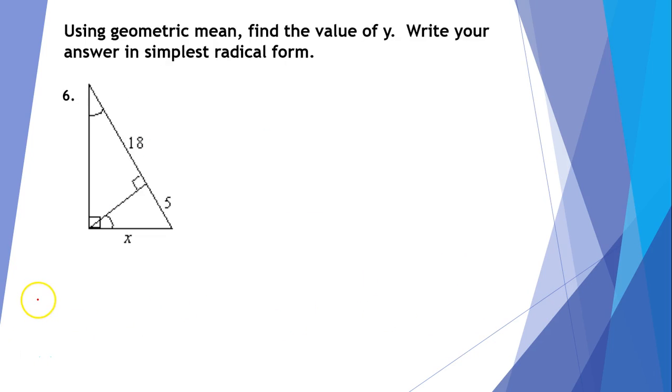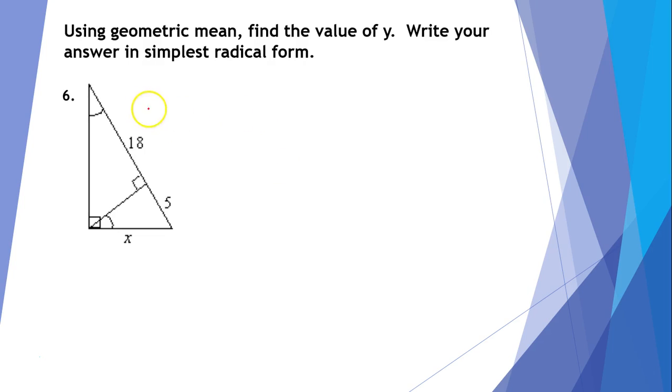So again, let's look at another one. We're going to use the geometric mean to find the value of y. Then we're going to write our answers in the simplest radical form. Using the geometric mean leg theorem here, because we are finding the value of a leg, not the altitude.